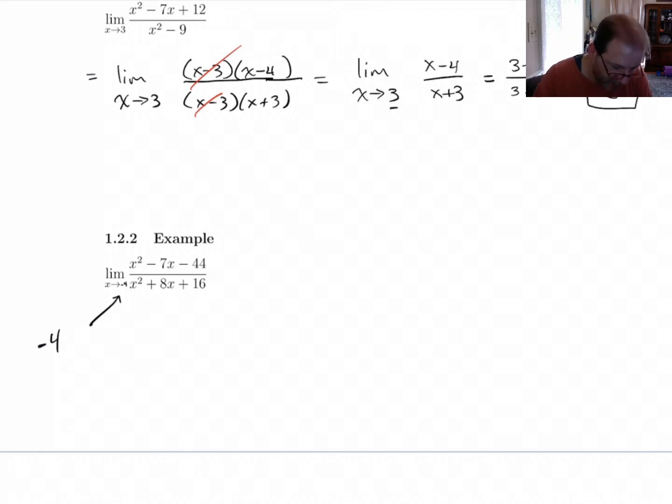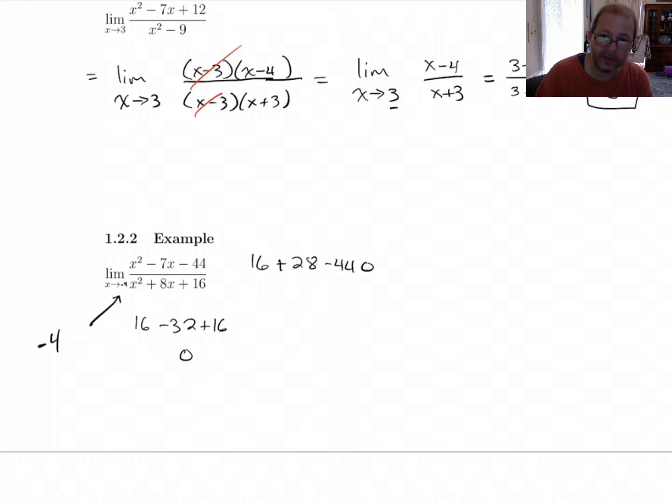If I plug it in, downstairs I get 16 minus 32 plus 16, which adds to 0. If I plug it in on top, I get 16 plus 28 minus 44. So this one's also 0 over 0. So let's factor it.